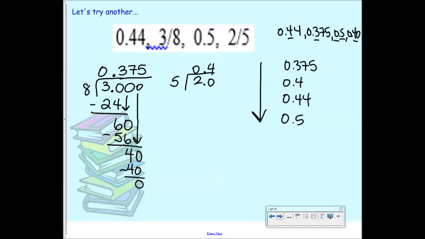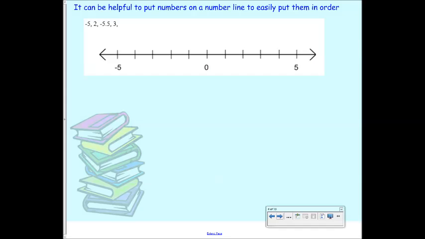So people who are visual learners, who like to look at things and see things, this might really help you. So I'm going to take these numbers and put them on a number line. Where is -5? Well, that's right here. So -5. 2 is where? After the 0 right here. So this is a 2. All right. And then -5.5. Where is that?